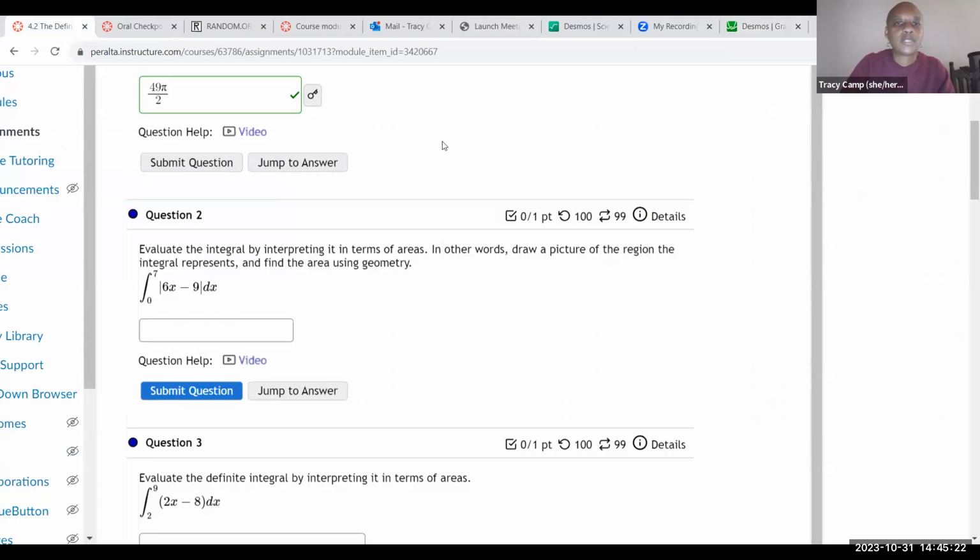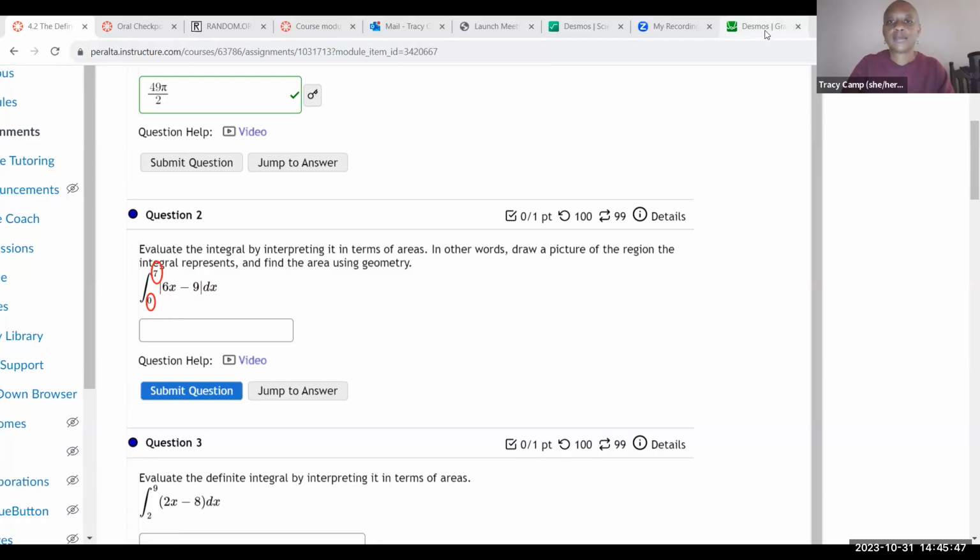So you want to pay attention to these numbers here, the 0 and the 7. That means we start at 0 and we end at 7.